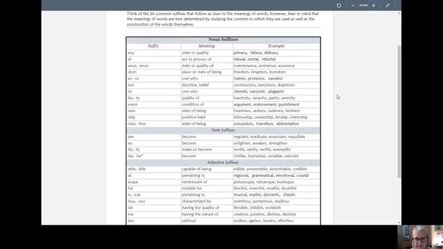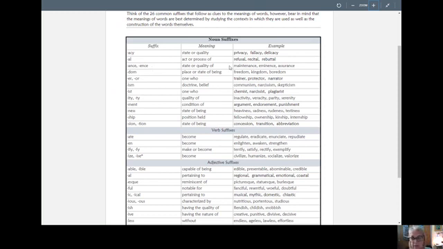Now, we have two kinds of suffixes. We have suffixes that begin with vowels, and we have suffixes that begin with consonants. Each one will decide how you change things in the spelling and how you use that word. But as we go on, let's look through a few more. A-N-C-E, E-N-C-E.